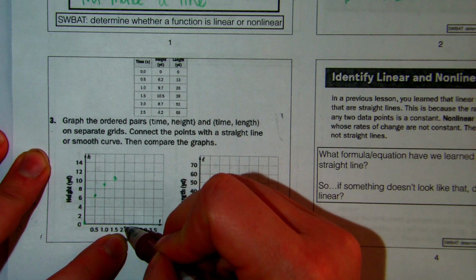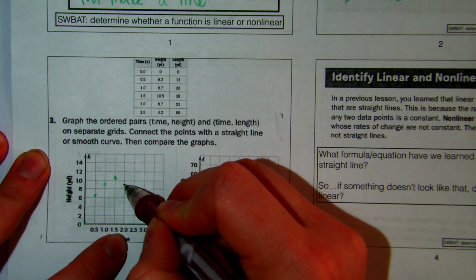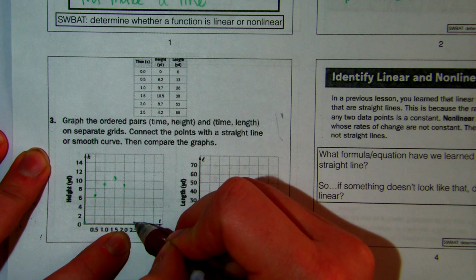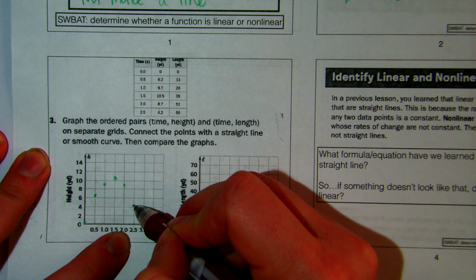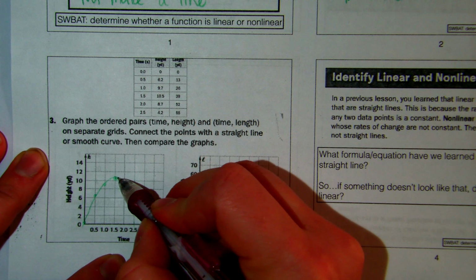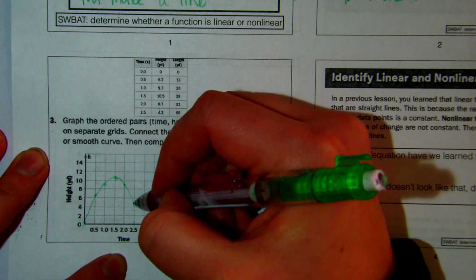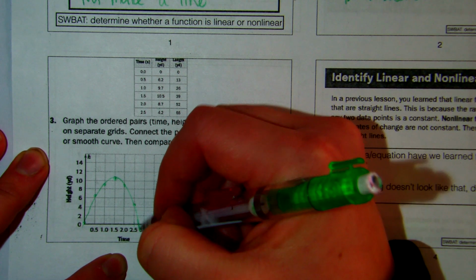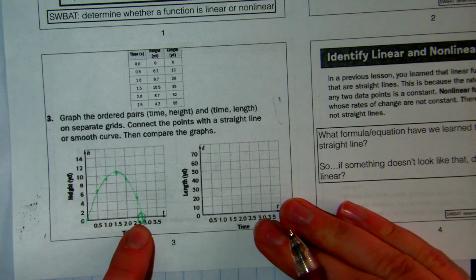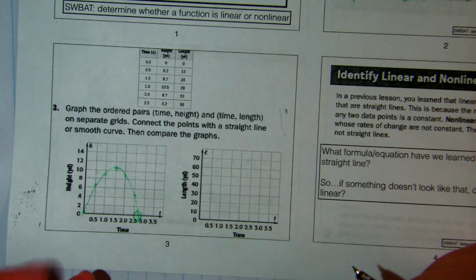Now we're going back down. 2 and a half and 4.2. So a nice curve. And if we follow that curve, it would probably tell us that the football landed on the ground somewhere between 2.5 and 3 seconds. But that one's not linear, it's not a line.